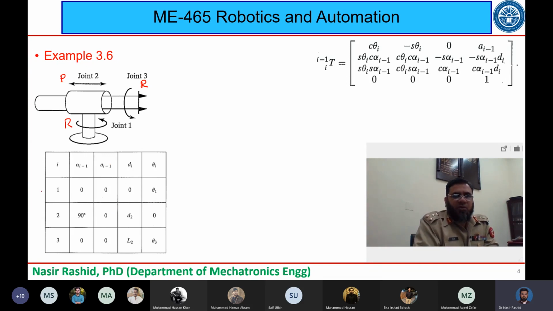ठीक है। तो अब अगर मैं इसको देखना चाहूं तो in fact this is the transformation from 1 to 0.